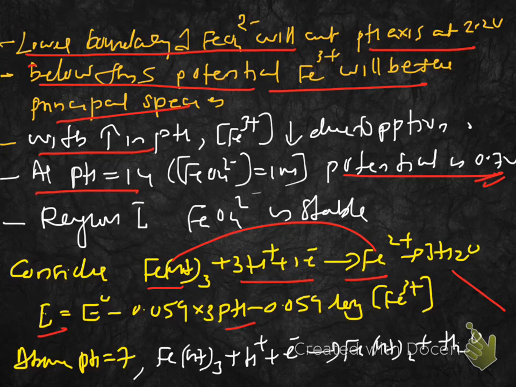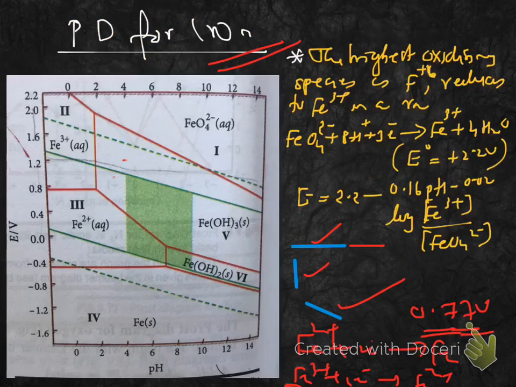This Fe(OH)3 gets reduced to Fe2+ under normal condition, but above pH 7, that means in alkaline medium, Fe(OH)3 gets converted to Fe(OH)2. These two reactions can be seen here.